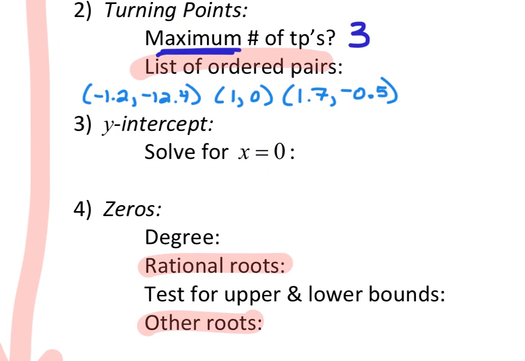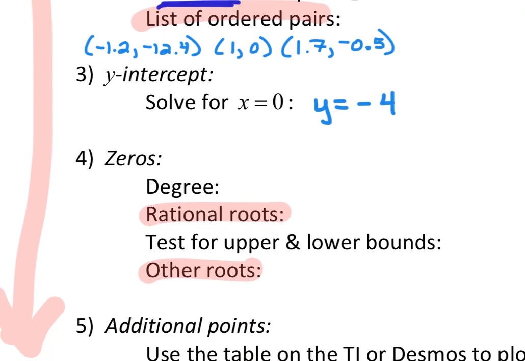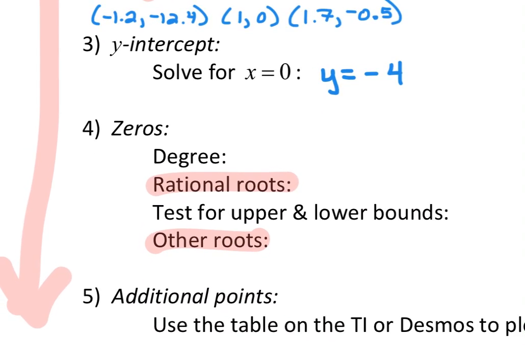Based on the equation, the y-intercept is y equals -4. Please don't just write -4, but actually write y equals, or write the ordered pair for it. The degree of the function is 4. And your rational roots are, and you don't have to use the theorem for this, just use the graph. So your rational roots are -2, +1, and +2.